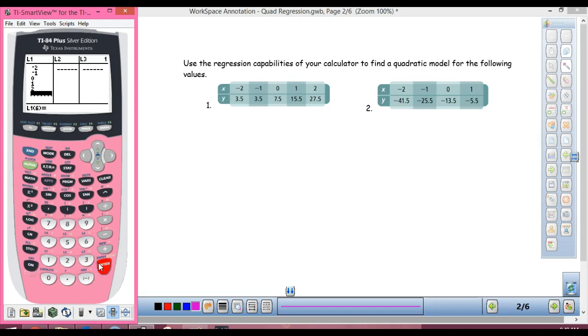And then my y's are going to go in L2, so I use my over arrow to get over to L2. 3.5, 3.5, 7.5, 15.5, 27.5, enter. Good? Got your lists in there?